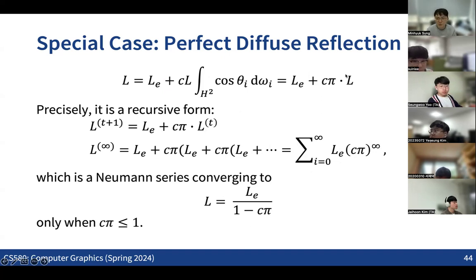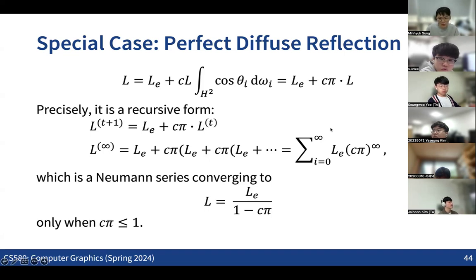This is a very special case where we can calculate the analytic solution to the LTE. We also need to check that, since this is a recursive form, in certain situations the equation will explode, which means that C should be a certain amount so that the LT can converge to a finite number. That can make a scene where we see some energy balance in the scene. But this is a special case.